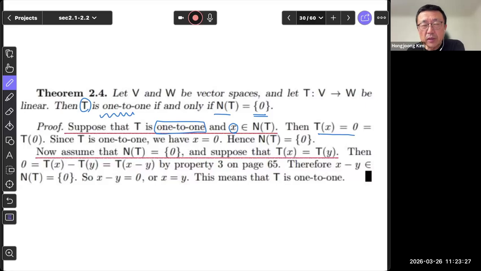And I know that 0 is the image of T of 0. So T of x and T of 0 are the same, they are equal. Now, what was the definition of a one-to-one mapping?